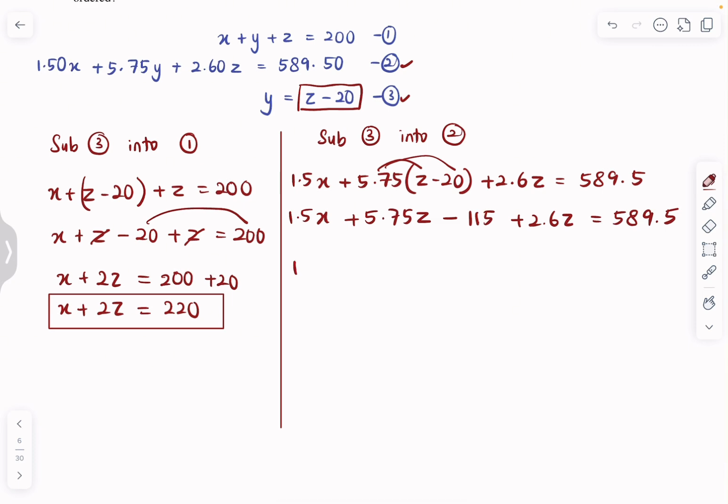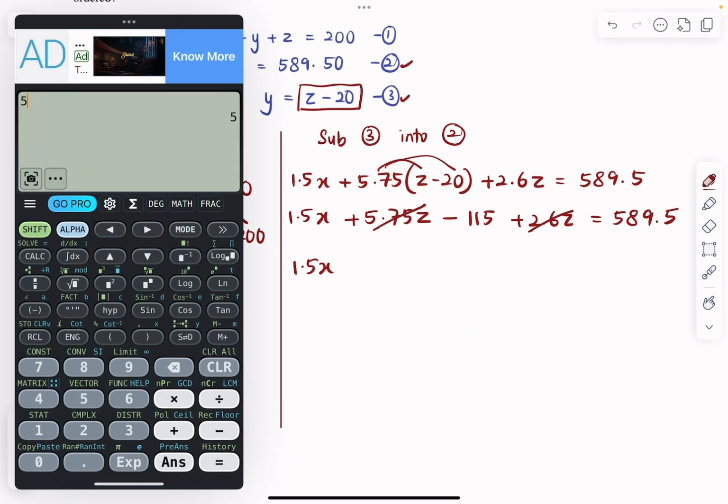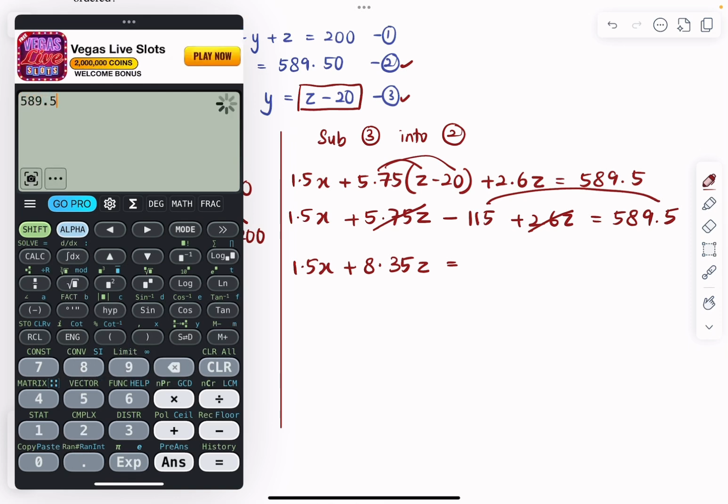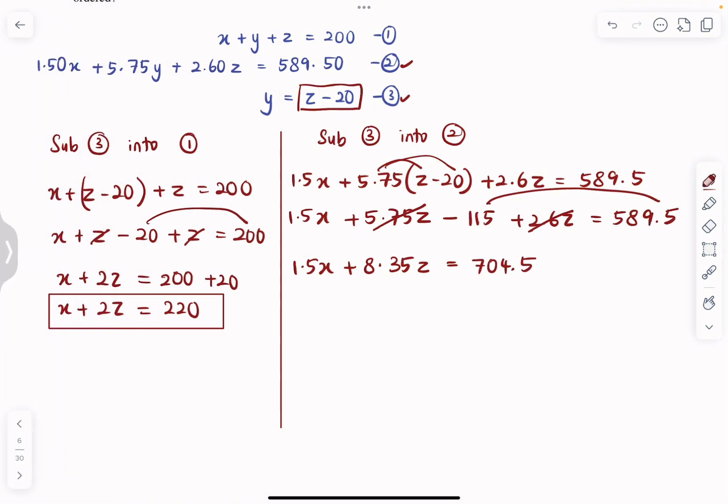The x is just 1.5x. The z we can add: 5.75 plus 2.6 is 8.35z. And this number we can bring over: 589.5 plus 115 is 704.5.